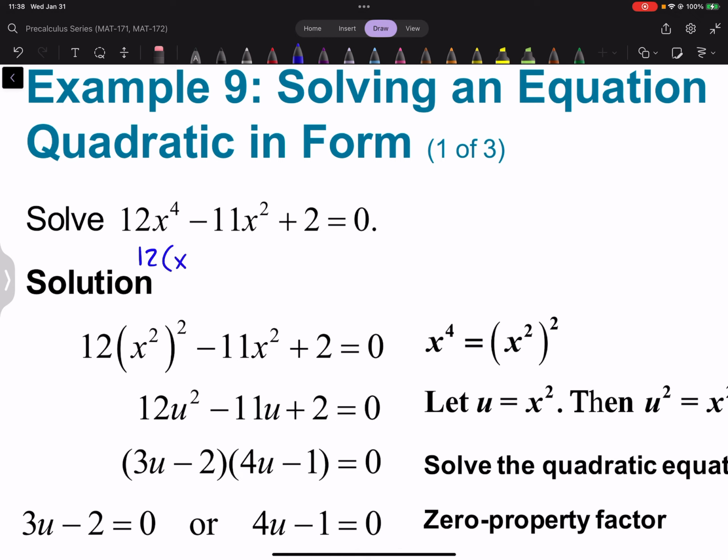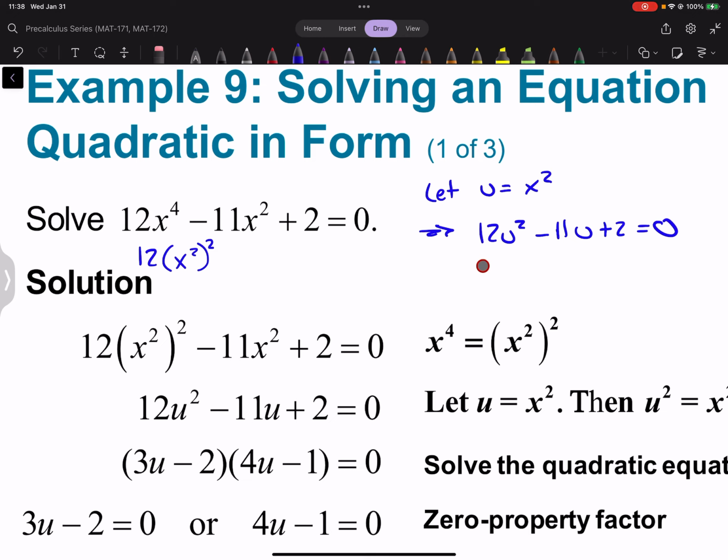So if I let u equal x squared, this equation turns into 12u squared minus 11u plus 2 equals 0. And let me remind you, when you get something quadratic in form like this, you can factor it, or you can use the quadratic formula. Because it's quadratic in form, I can solve it for u, and then I can plug u back into my original equation.